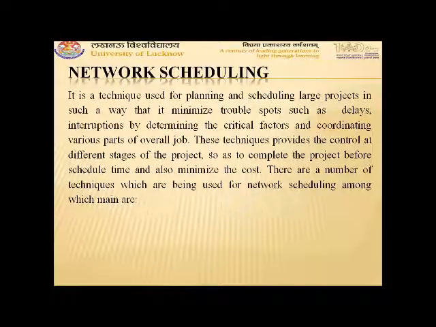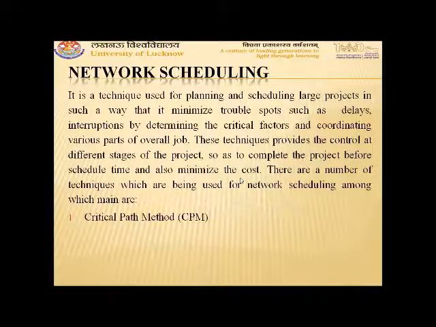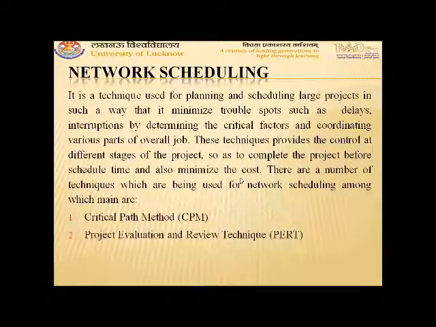There are a number of techniques which can be used for the same, but the main network scheduling techniques are called the critical path method, CPM, and the project evaluation and review technique, that is called PERT.